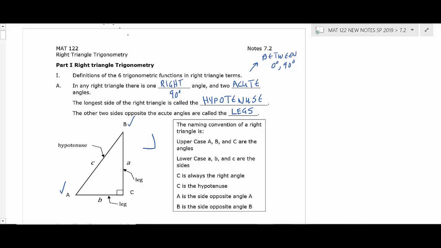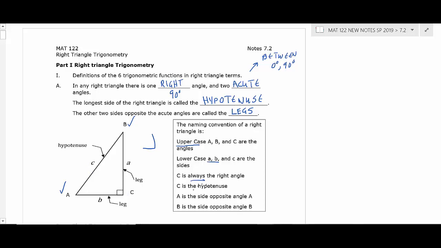When we're doing these triangle problems, you want to understand the standard way to name a triangle. We use uppercase A, B, and C for the angles. Lowercase are the sides: a, b, c. C is always going to be the right angle. That's just the standard. The lowercase c is going to be the hypotenuse.